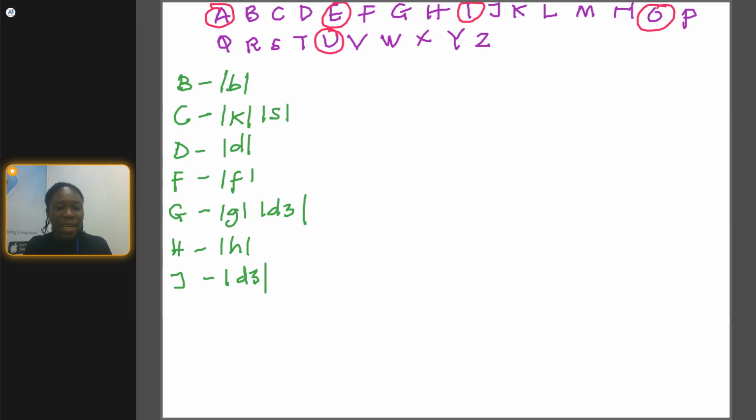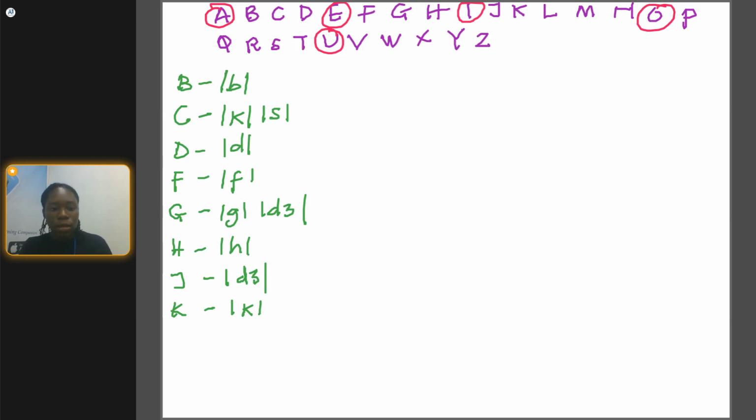So letter G can either give us g or j, and letter J can give us j, the same j sound. All right. Then we have letter K, giving us the k sound. So letter C can give us k, and letter K can also give us k.